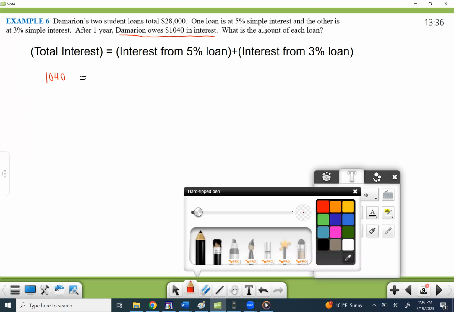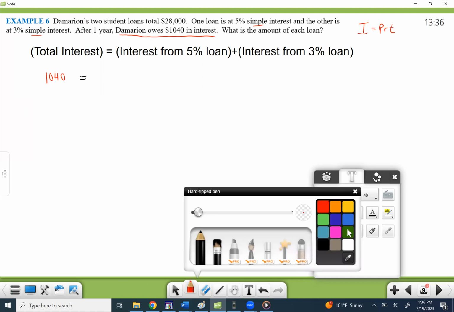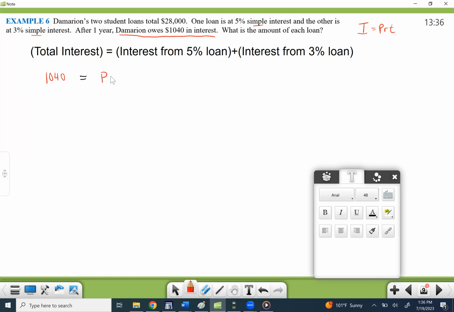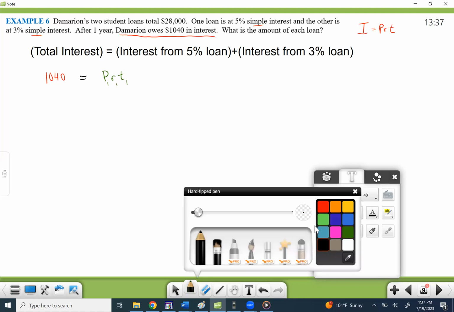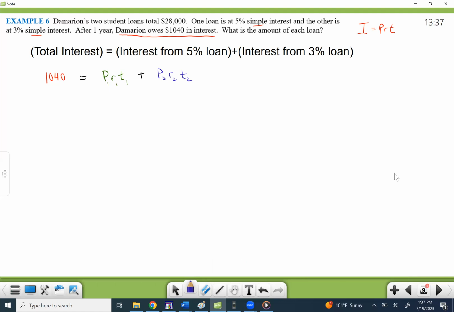It does say simple for both, so we're going to be using this formula twice. We're going to do PRT, and I'm going to subscript them for the first loan. And then we are going to do PRT for the second loan, so P2, R2. Okay, let's think about the things that we know.